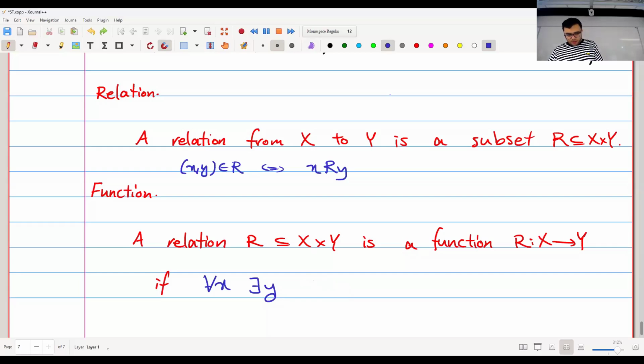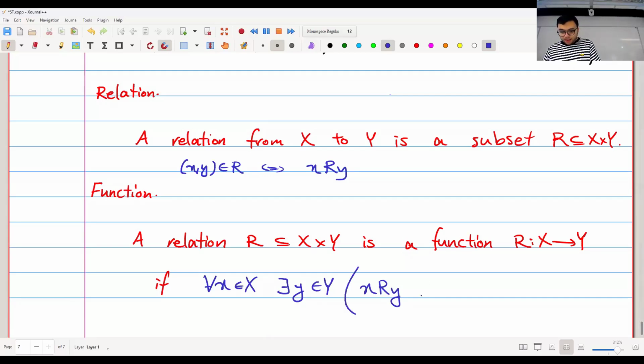I can write for every x in X. But if I want to write something like this, this is equivalent to saying for every x, if x is in X, then something, right? So I can say for every x in X, there exists a y in Y such that xRy, but I also want to say that this y is unique, right?